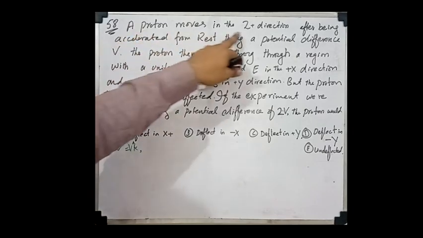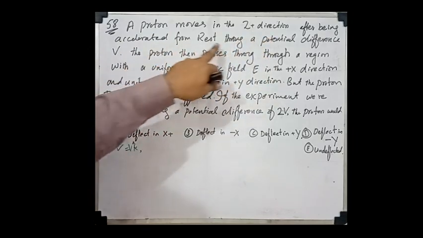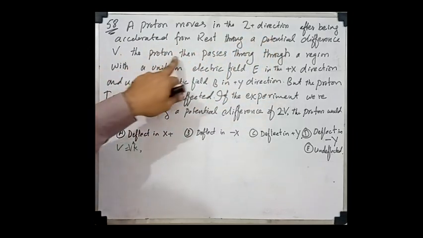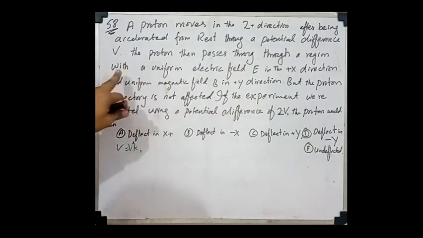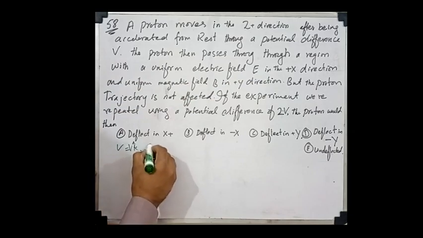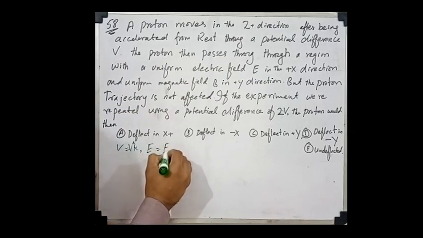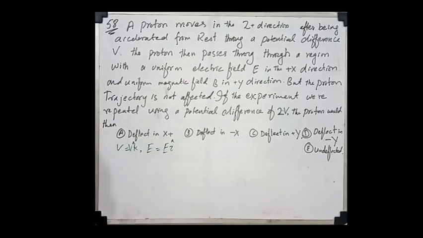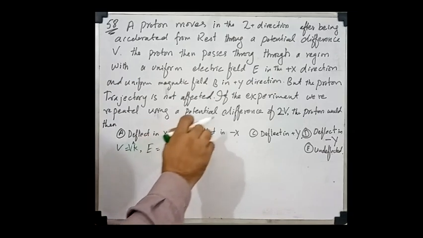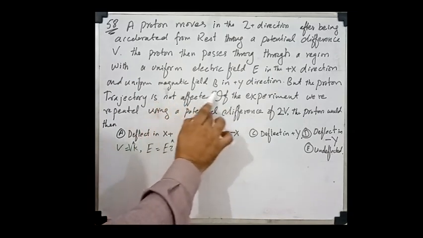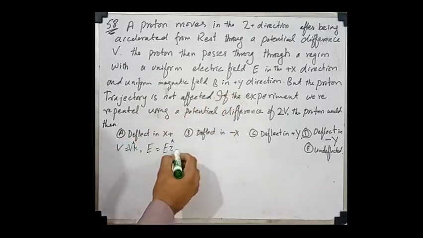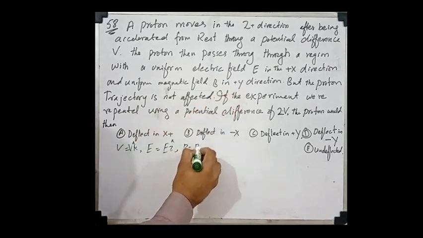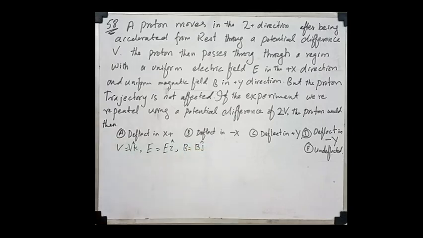The proton then passes through a region with a uniform electric field E in the plus x direction, so our electric field is E in the i unit vector, and a uniform magnetic field B is applied in the y direction. We can write B as B in the j unit vector.